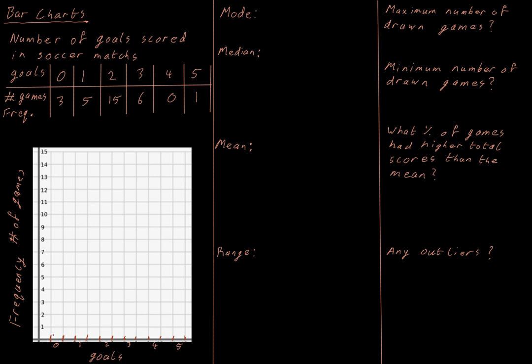Now, if I look at how many times I got 0 goals, that was 3. So I'm going to go up 1, 2, 3, and that's how tall my bar is going to be for my 0 goals. I've gone neatly across a single box, and now I'm going to use a ruler to draw in the rest of the bar.